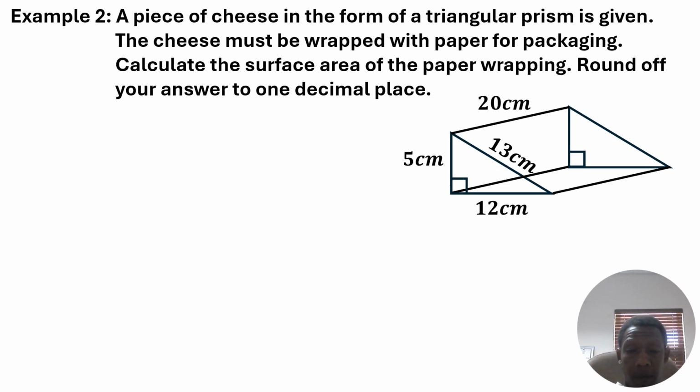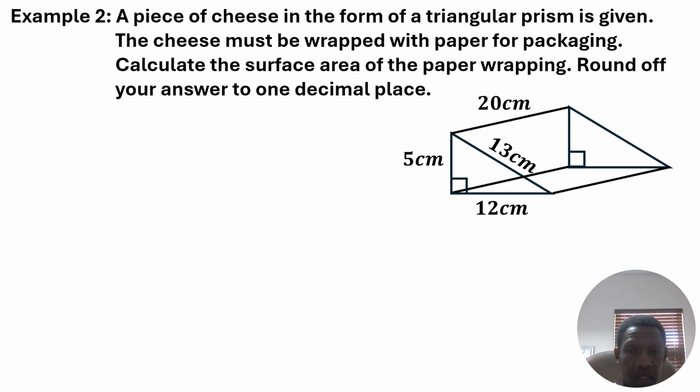This triangle, we have two of them, and then we also have the magnitude of side 2, which is 13 centimeters. Lastly, we have the height of the prism, whose value is determined by moving the base to the next side, and the base is moved 20 centimeters.